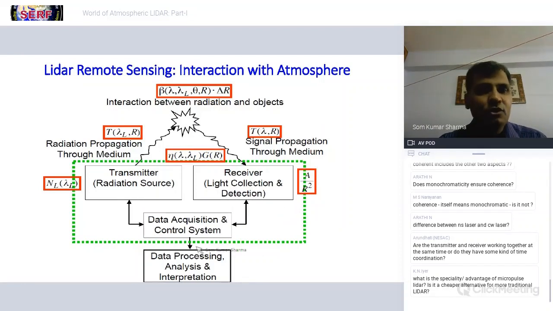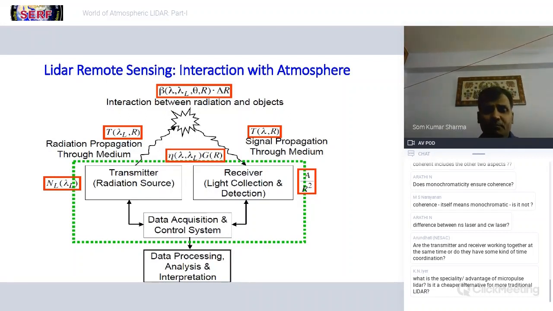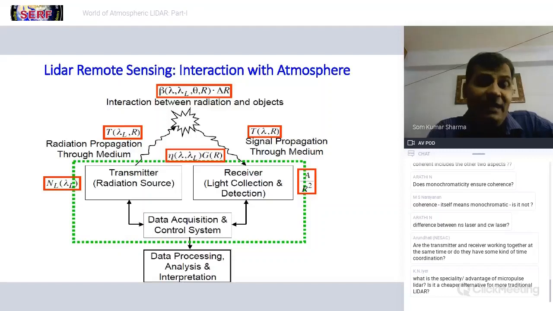After receiving, you have to acquire the data with the control system, and then you finally analyze the data and interpret what you want to derive by using this data or these signals. Rather, whatever signal has been received, what analysis, what parameters you want to bring back. So again I will repeat. You see, transmitter, receiver, transmitter power depends upon N_L, lambda_L. These all things will come again.